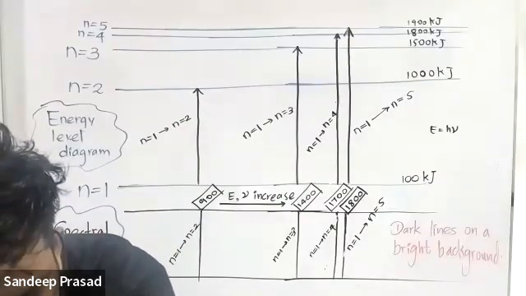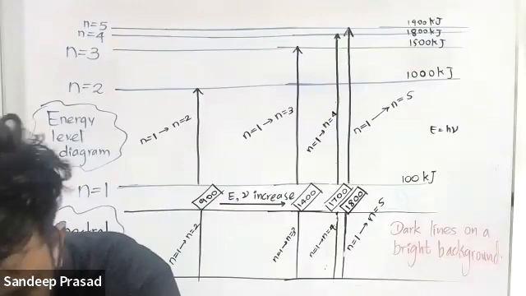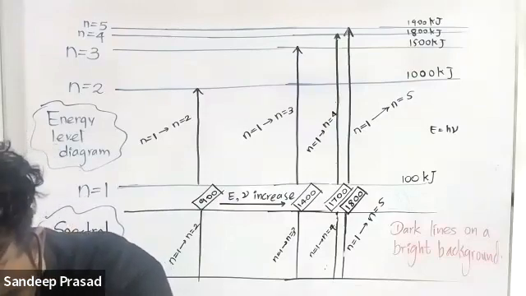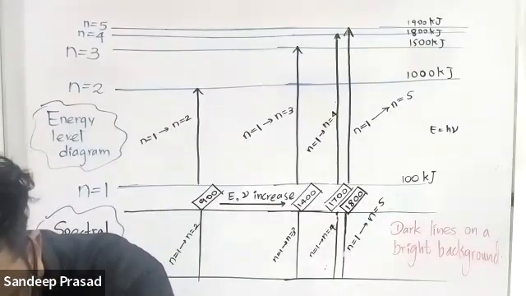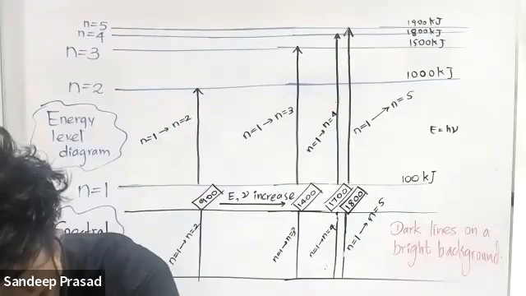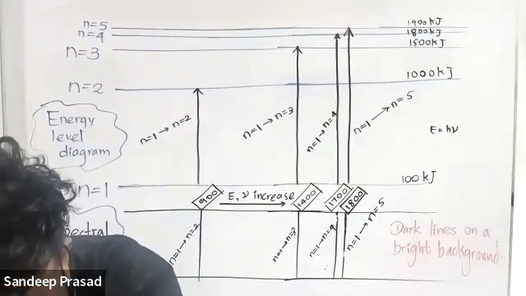So does each line represent an individual hydrogen atom? No, that's not an individual hydrogen atom. These are the possibilities. Are the gaps considered the energy levels? No. Does each line represent an individual hydrogen atom? No, not an individual hydrogen atom.